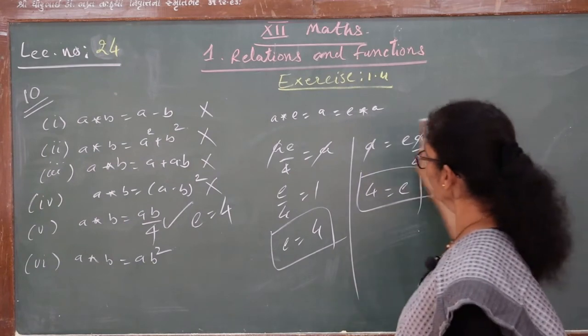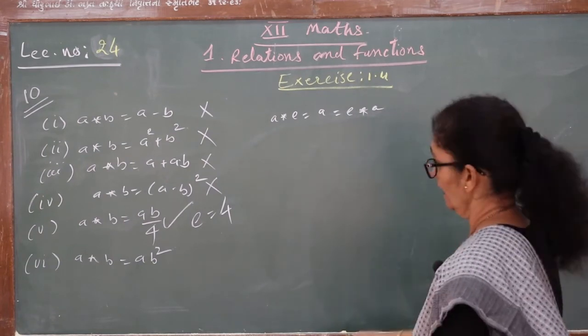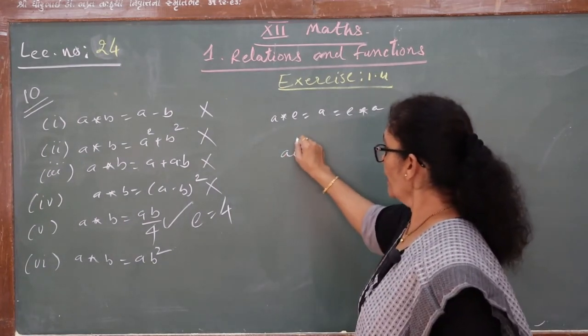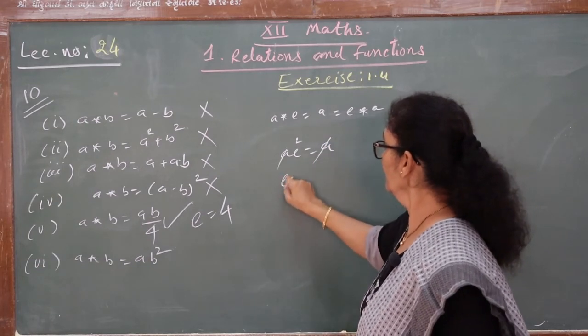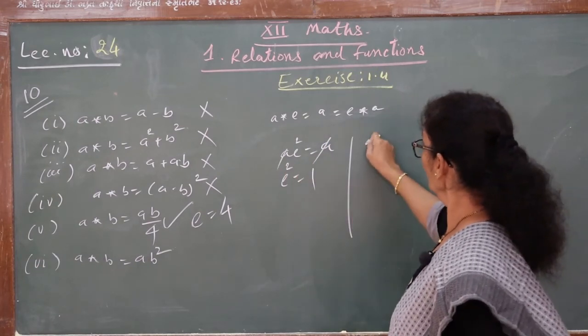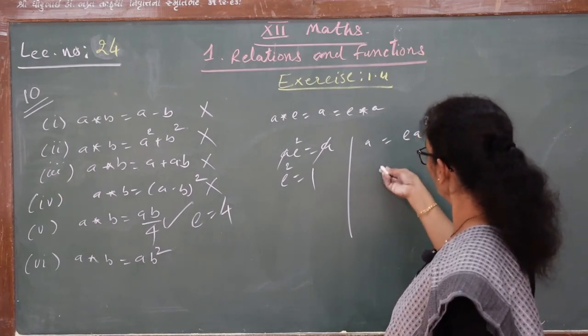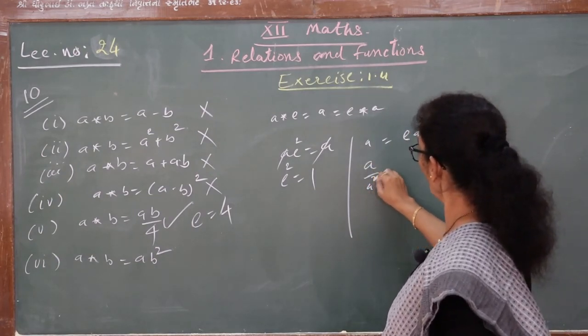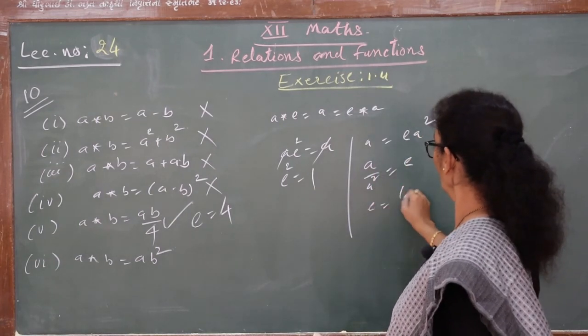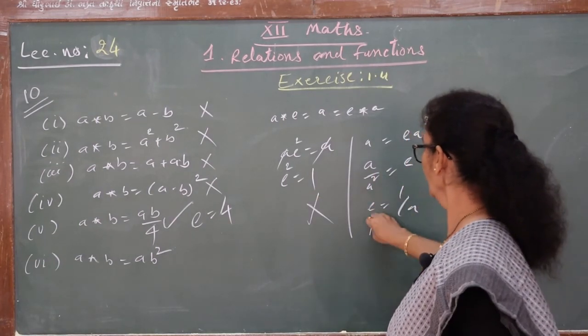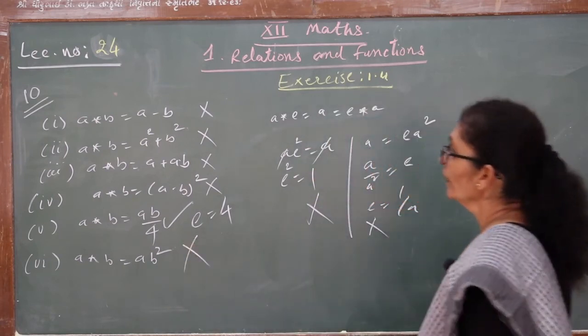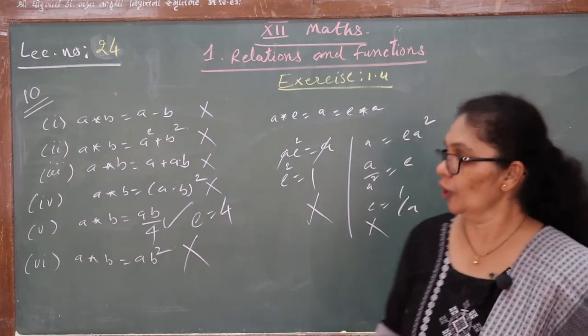And the last question: a e square equal to a, a cancels, e square equal to 1. And a equal to e a square, so a by a square equal to e, and e equal to 1 by a. Both answers are different, so here also the identity element will not exist.